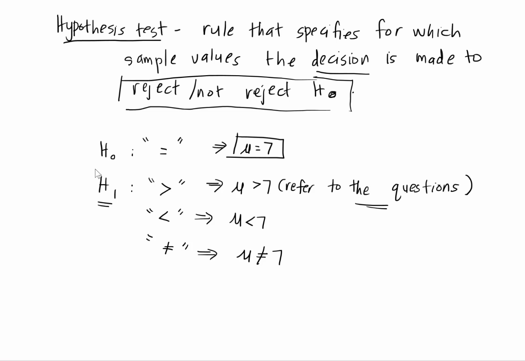Now, if your H1 is greater than or less than, that means this is a one tail test. What does it mean? When it is greater than 7, that means it's a right tail test.